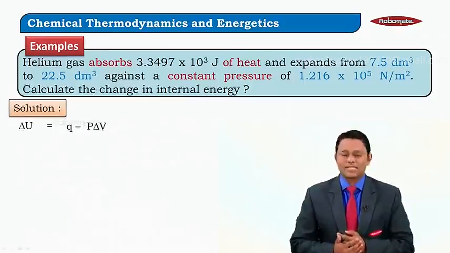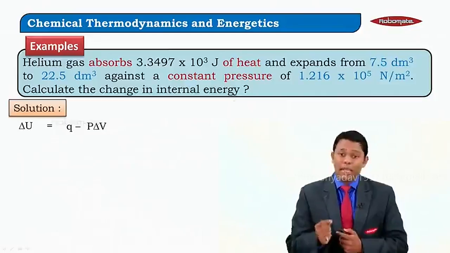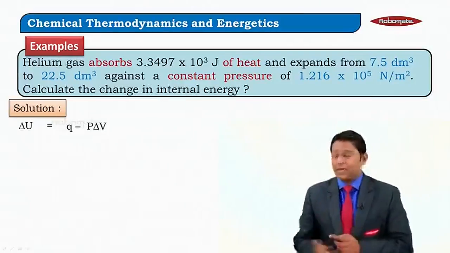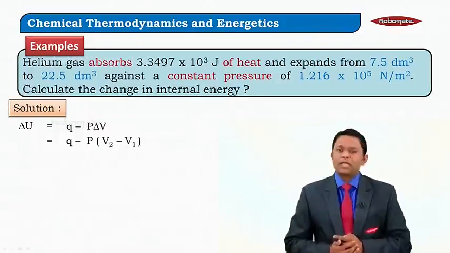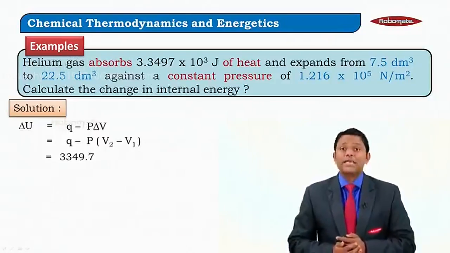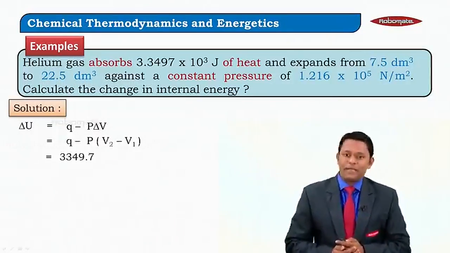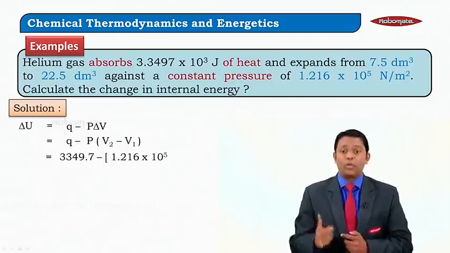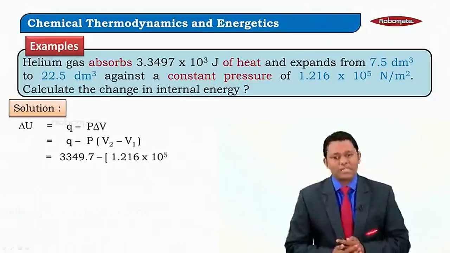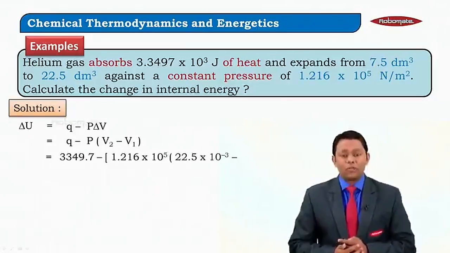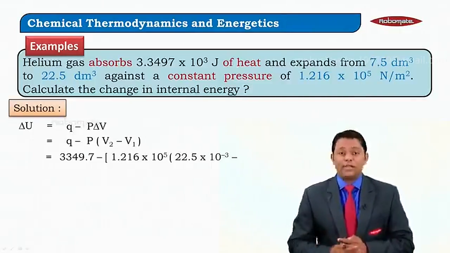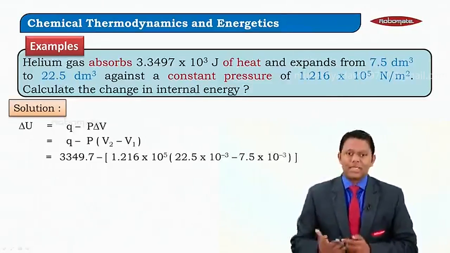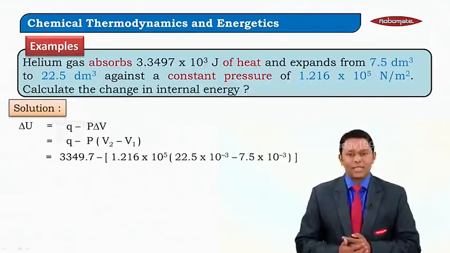Let's once again substitute everything in the formula. Delta U is equal to Q minus P delta V. Delta V can be written as V2 minus V1. The Q term was 3349.7. Pressure was 1.216 into 10 raised to plus 5, and difference in volume was 22.5 into 10 raised to minus 3 minus 7.5 into 10 raised to minus 3.